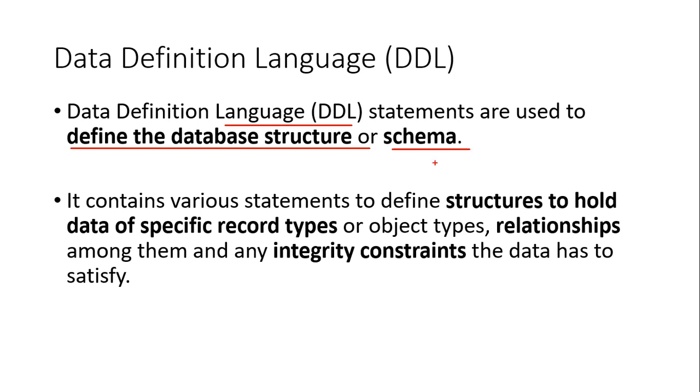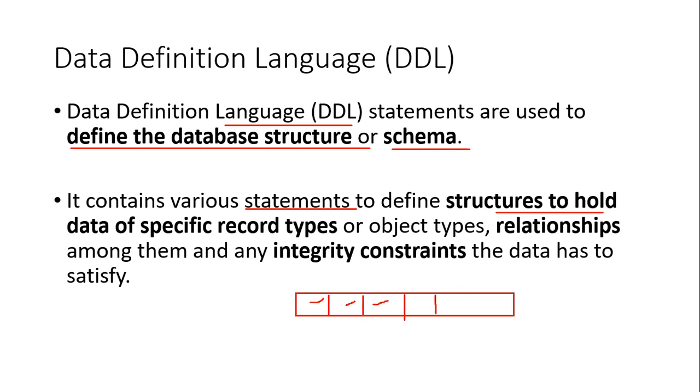So these contain the statements that are used to define the structure, to hold a specific type of records. So I've already told you, if you want to store the record of all the marks of the student, then how many fields will be there in that record?